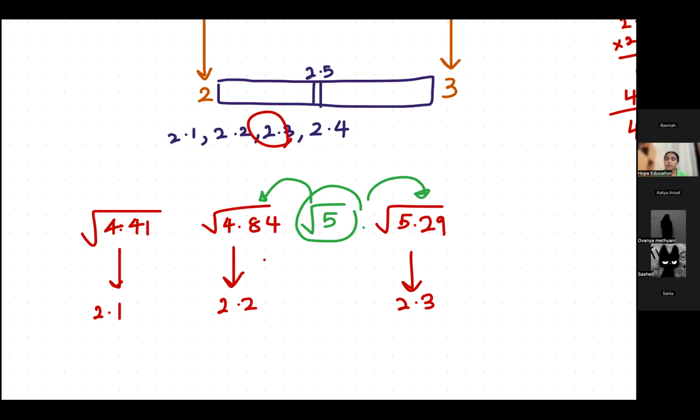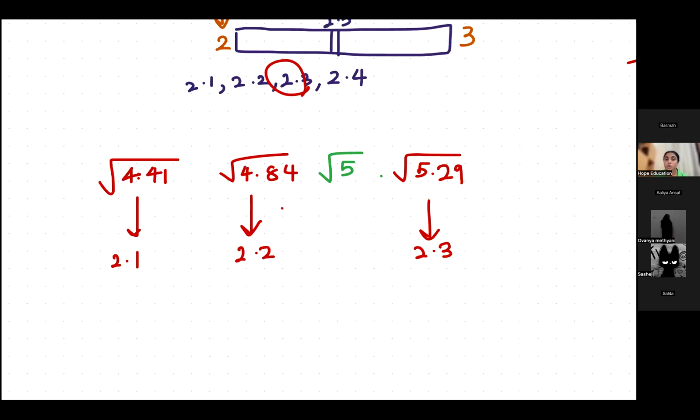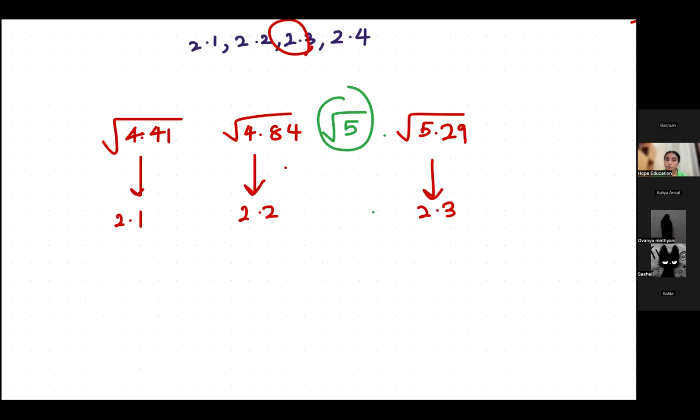Everybody thinks the same? Yes. Since 5 is closer to 4.84, we can say that square root of 5 is approximately equal to 2.2 කියලා.